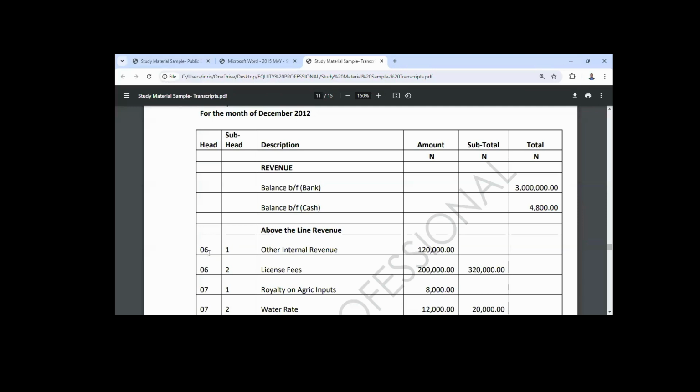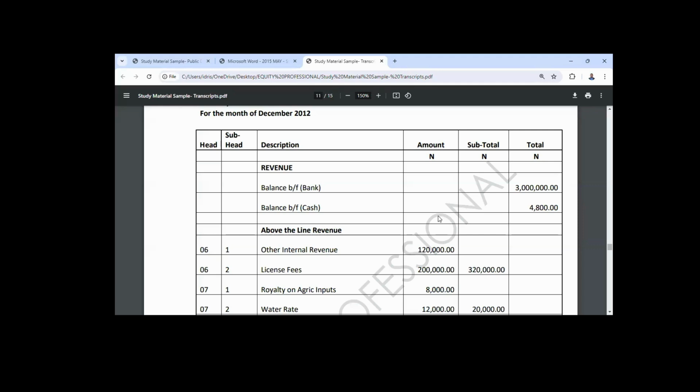Assuming we have 3 items that has a 06, we write those 3 items in the amount. At the end of the day, we will add them together. The total, we put them in the subtotal. But in this question, the items that have a 06 are 2 items: other internal revenue and license fee.